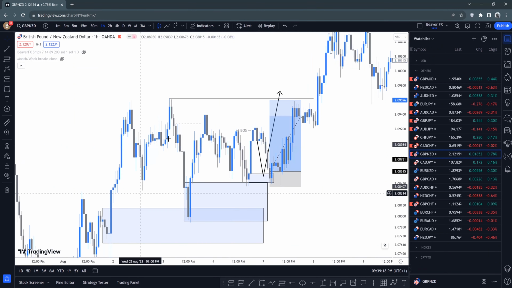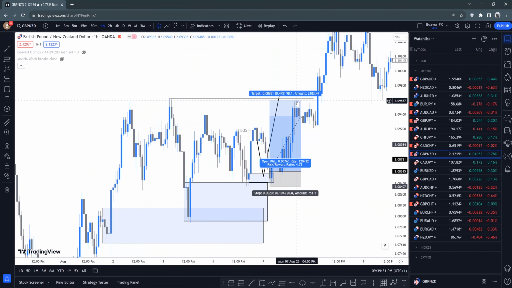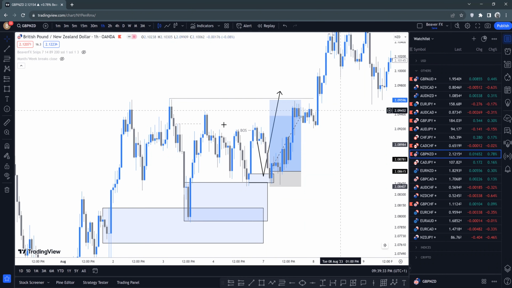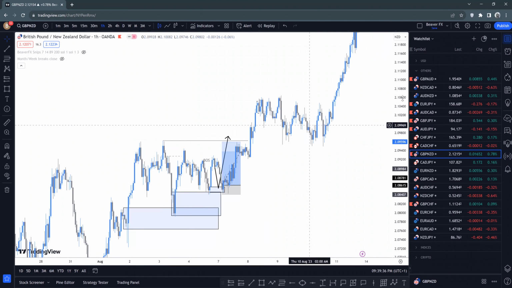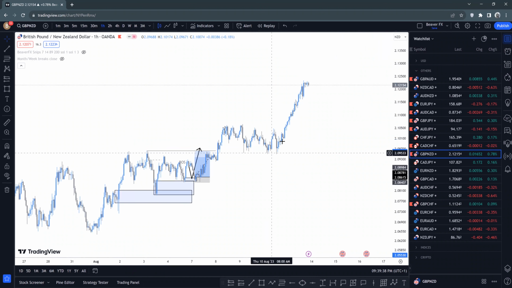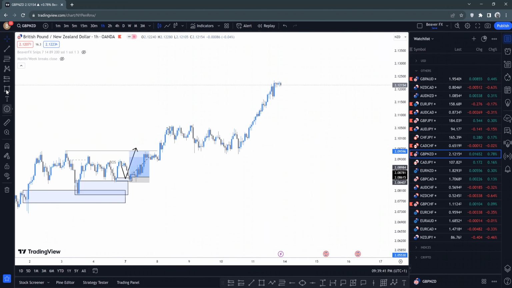We broke here, came back to the retest, pushed to the upside, came back here. Then on a smaller time frame, we had a break of structure, and I was able to take a buy on the retest of this zone to the next high. But I just had to take my profit there. If I had left it, it would have been a really cool ride. So I just left the market there, and let's see.